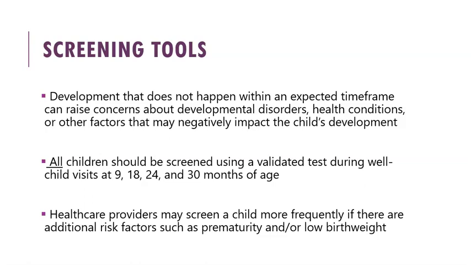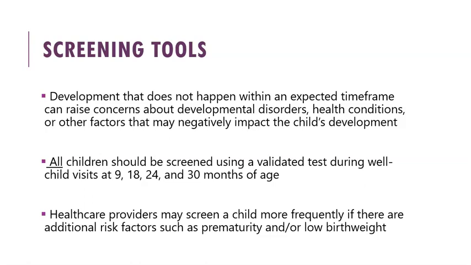It also has a section at the bottom that allows parents to write in any concerns about language, hearing, vision, or motor skills. And then after the parent completes this, the healthcare worker will score the child based on the parent's responses. Based off of those responses, they may identify a potential delay in development, and that may suggest further evaluation is needed.